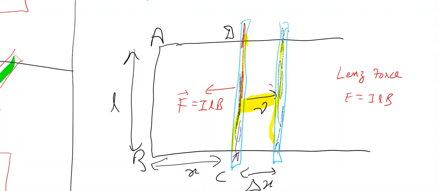So when you try to move this rod with velocity v, you will have to apply external force equal to I L B. Okay, so it means that you will have to invest your energy, and your mechanical energy is converted into electrical energy.